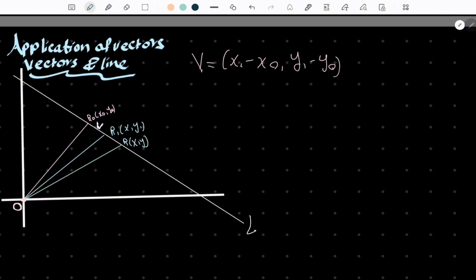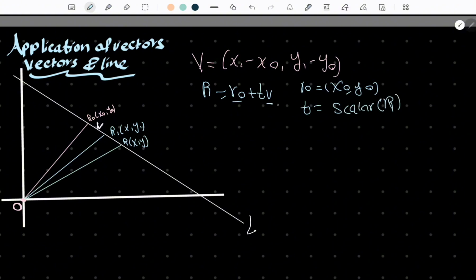So once V is extended, then we need to find the value of our new vector. R is equal to R naught plus TV, where R naught is equal to obviously X naught and Y naught. T is any scalar or real number, and then V will be our direction vector.